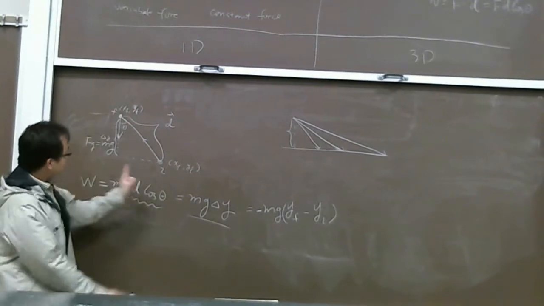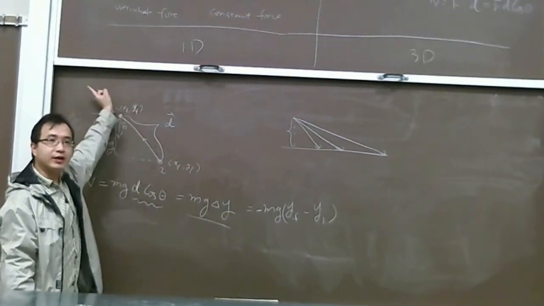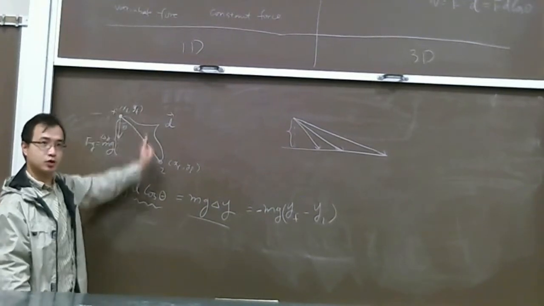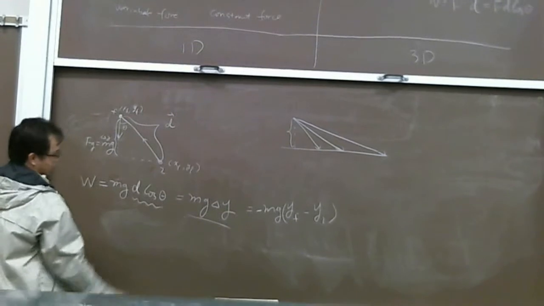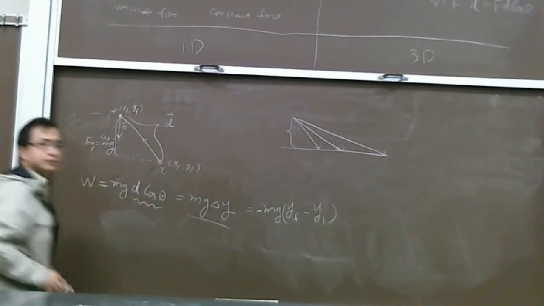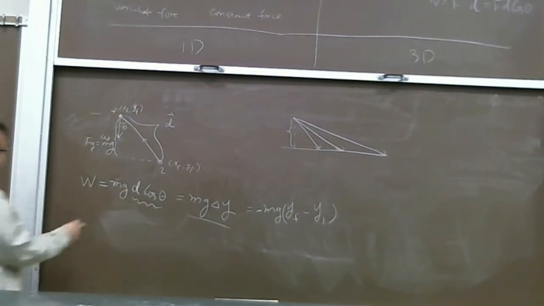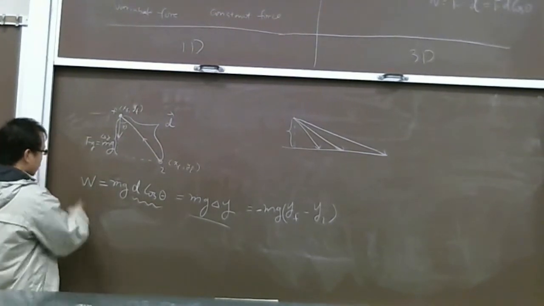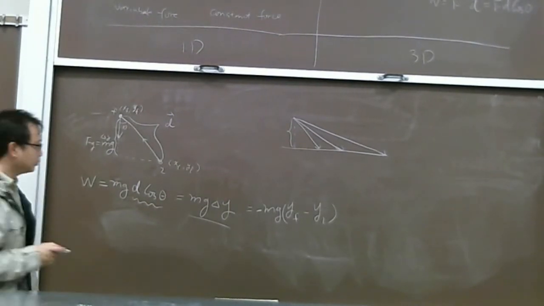So the positive direction for y should be defined as this, right? So in this case, you have to add a negative sign here. Okay. So then, from that, W equals negative delta U.